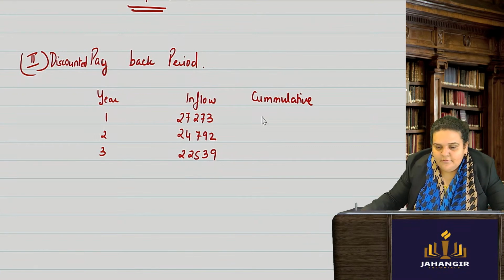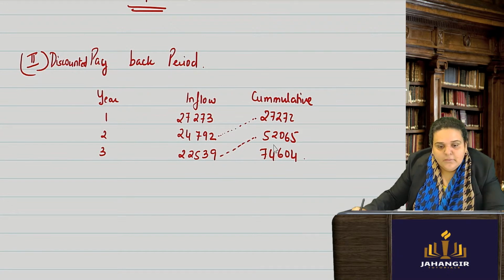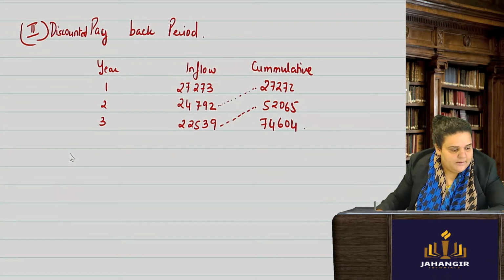In cumulative, I will add up 24 with 27. It will come as 52,065. And then again in cumulative I'll get your total. Cumulative will be 74,604.